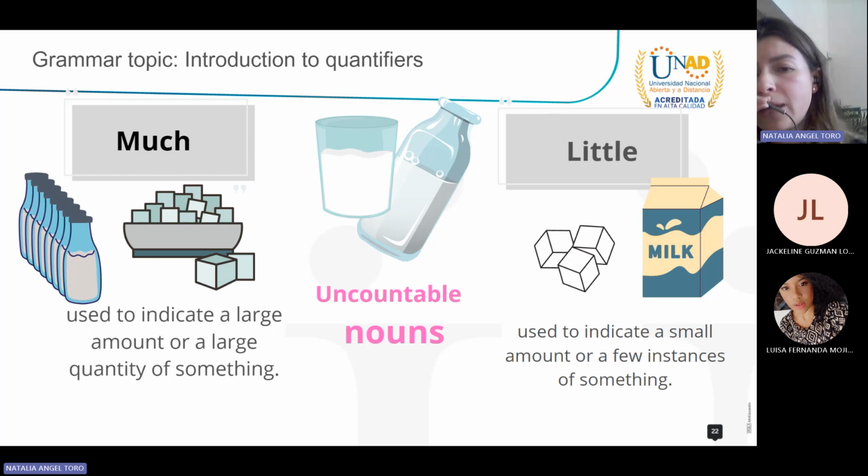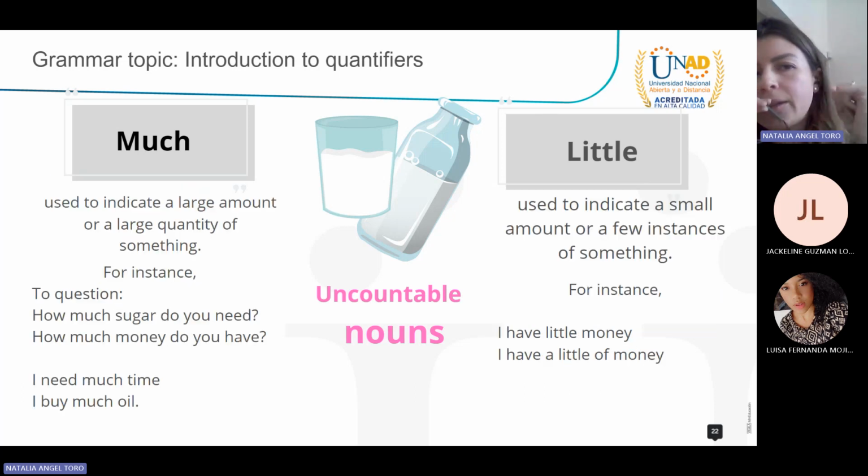And some people say few sugar. We are going to check that few is for countables. So we have to identify if we are talking about uncountable nouns with much or little. For example, how much sugar do you need? How much money do you have?